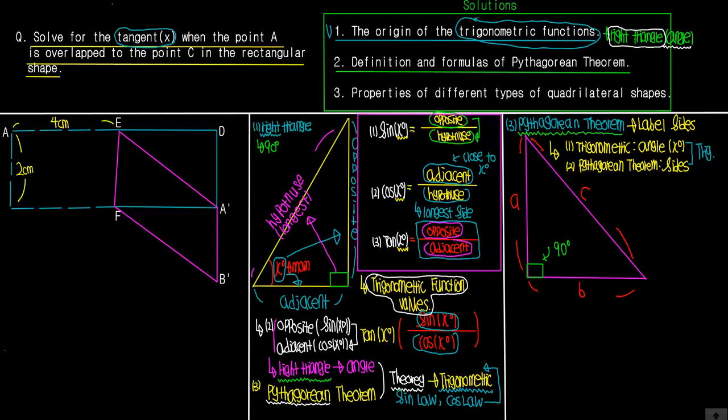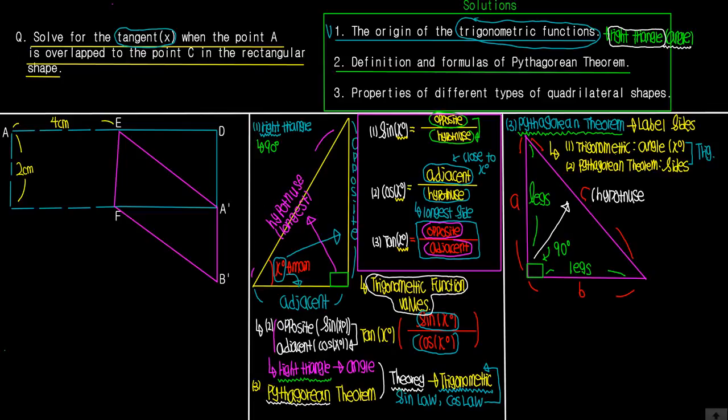Let's think about it this way. What do we call the A value? We call it a leg. What do we call the B value? We also call it a leg. Then what should we call the C value? There is a difference between A, B, and C. The C value, which is always the side opposite the right angle, is the hypotenuse.